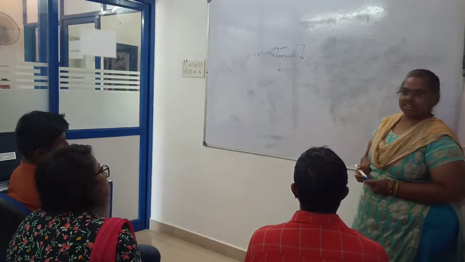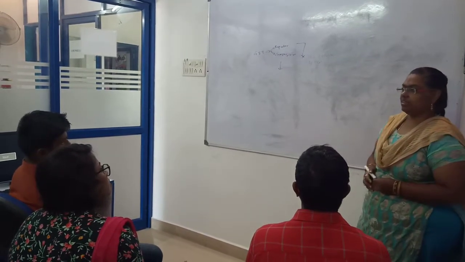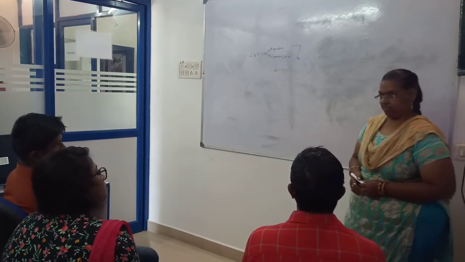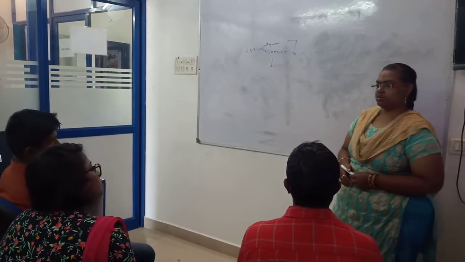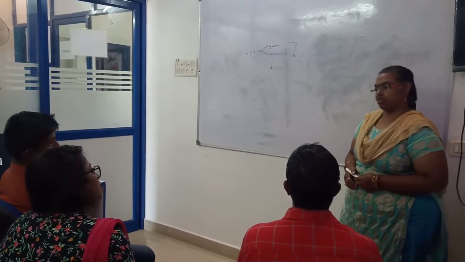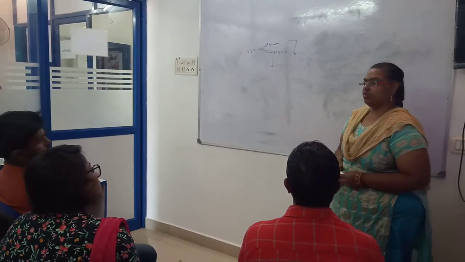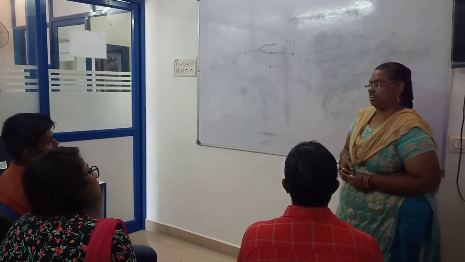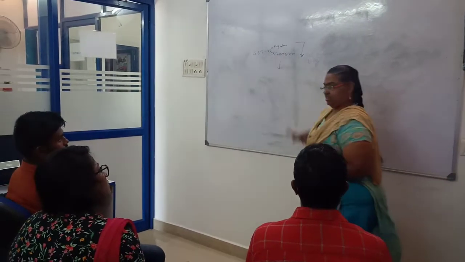What is the higher-end GST rate? It will be either 18%, 12% or 5%, or it may be exempted also. If it is exempted, then you will not get the tax. That's the general rule, right? That is the regular scheme.